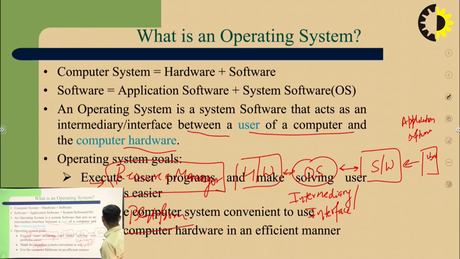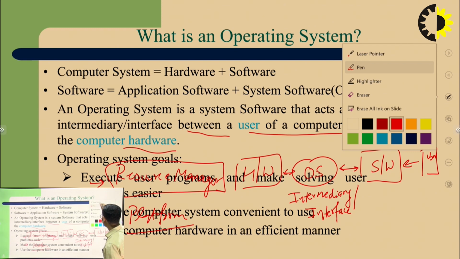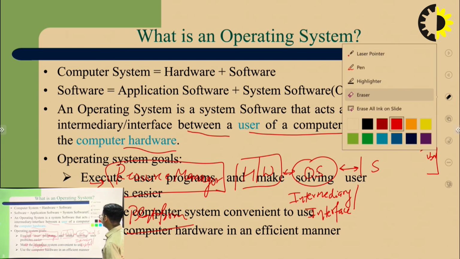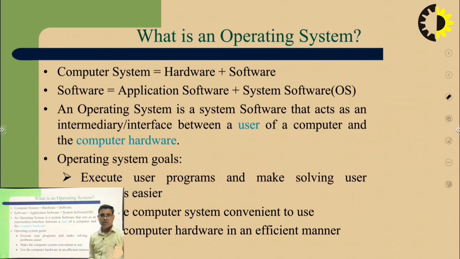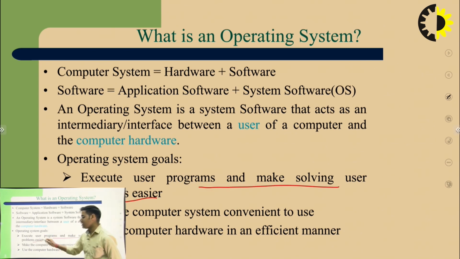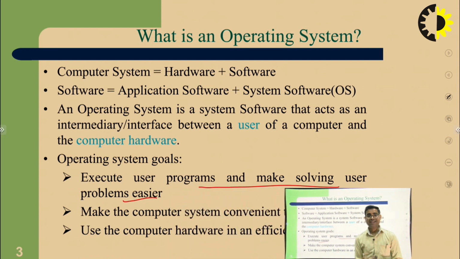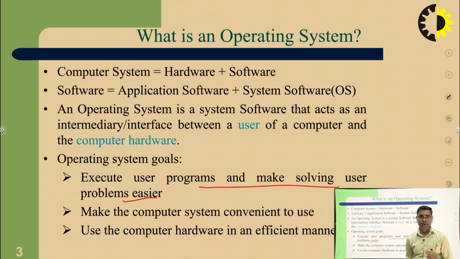Now, if I'm talking about the next topic, goals. In operating system we have two primary goals. First one is to execute user programs and make solving user problems easier. It is a primary goal of an operating system.